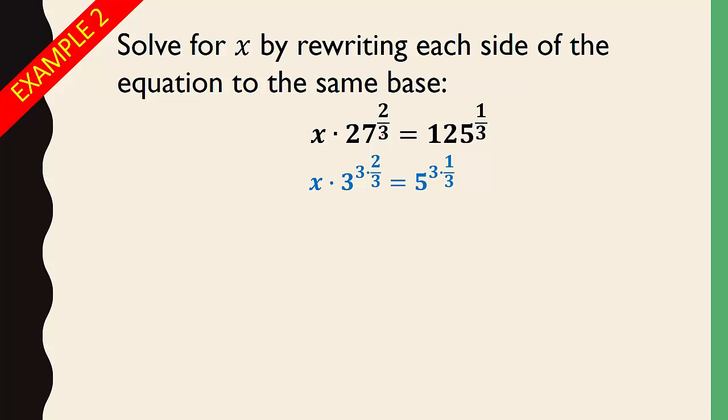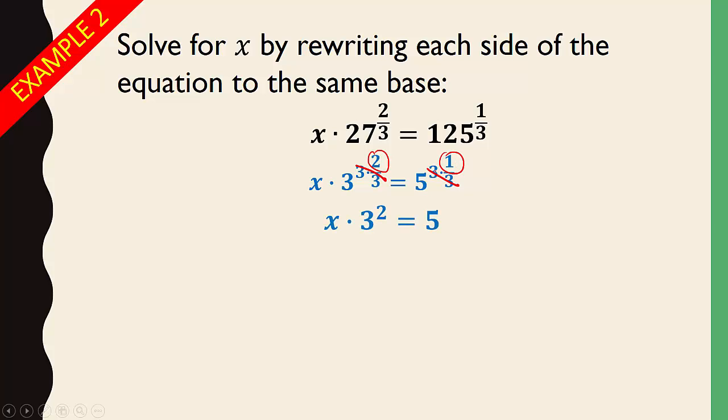I was looking at the denominator and asking, is there a way that I can raise this as a base to the 3rd power? If this was to the 4th, then I'd be looking for something to the 4th power. What I want to do is 3 times 2/3, those 3's cancel out, leaving you with just 2. These 3's cancel out, leaving you with just 1.